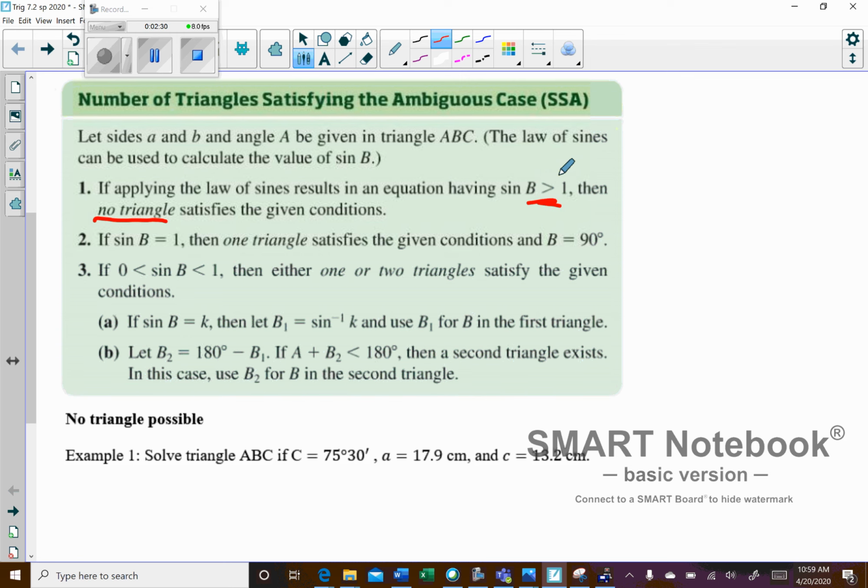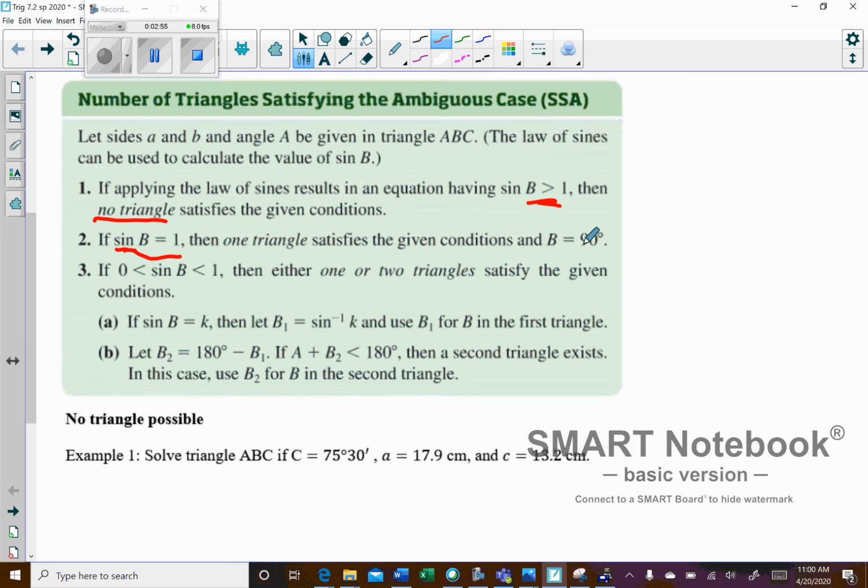Whenever that comes up, it'll be really obvious that it must be one of those cases where it does not even form a triangle. What else could happen is that if it equals 1, you should know that that's 90 degrees. So you're dealing with a right triangle, and that will automatically be one triangle that satisfies that condition.